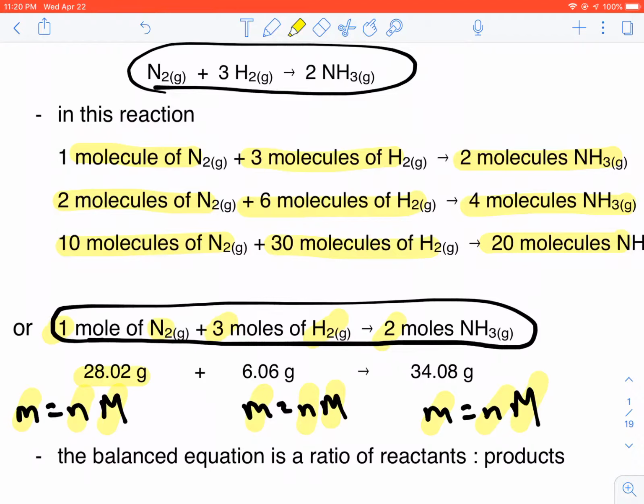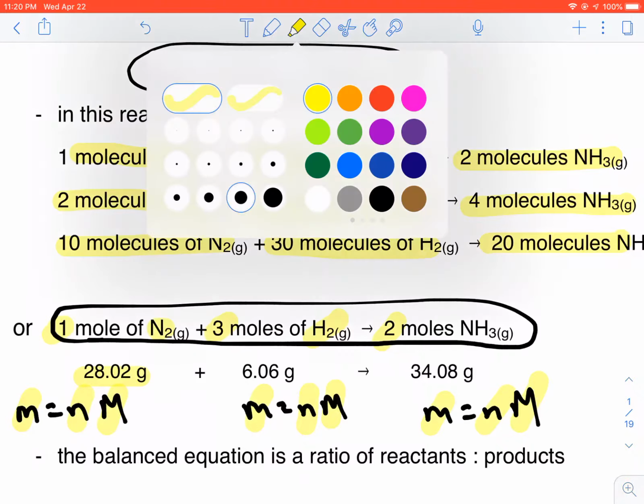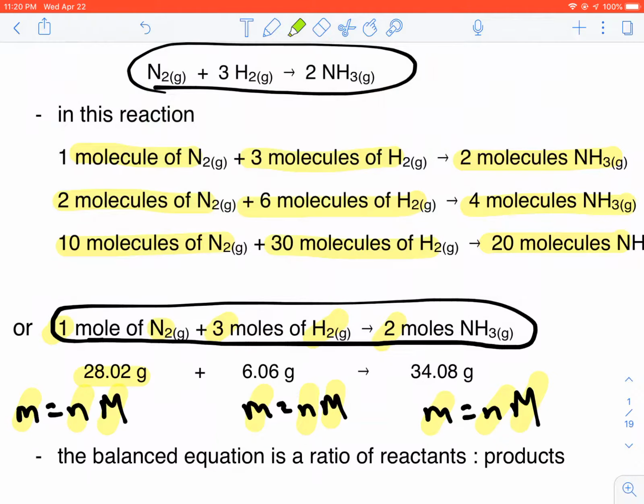Now, that's telling me specifically, as the chemist, how many grams of everything I am going to be working with. 28 grams of this reactant plus 6 grams of this reactant will make 34.08 grams of NH3.